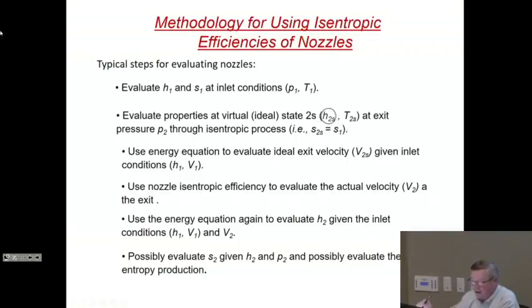Now from 2S you get H2S and T2S, but you know that the velocity you will get is a little bit less than the velocity you would get from the isentropic transformation. So you know V2, and the ratio of V2 to V2S is your efficiency. It's actually squared because enthalpy goes as velocity squared. And so that gives you the real H2.